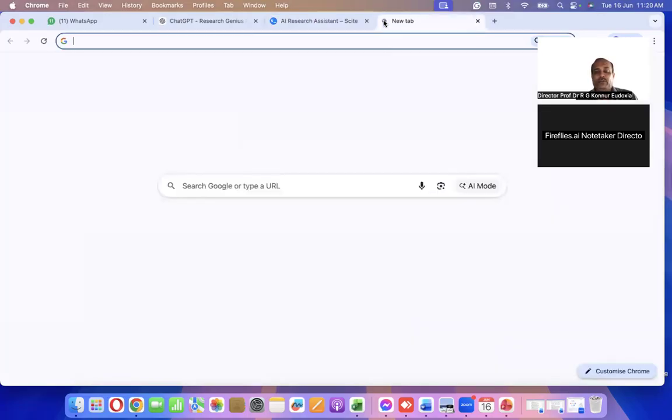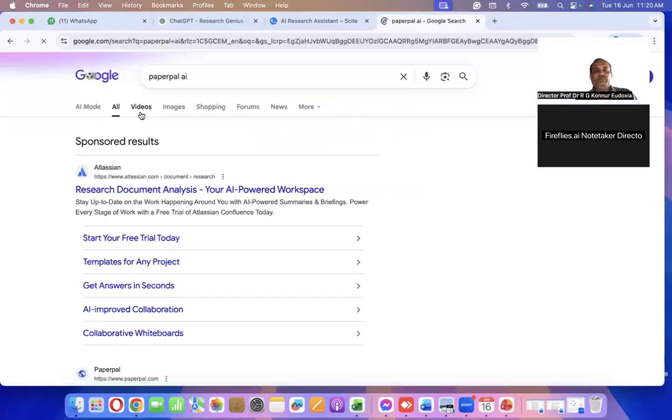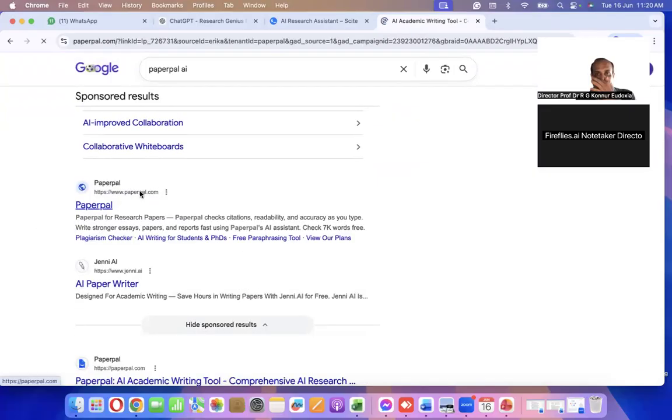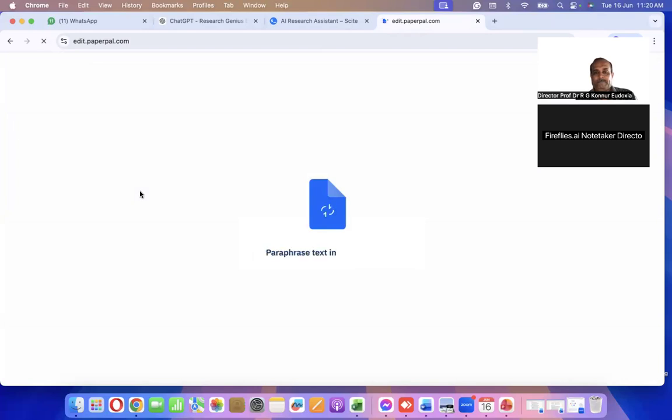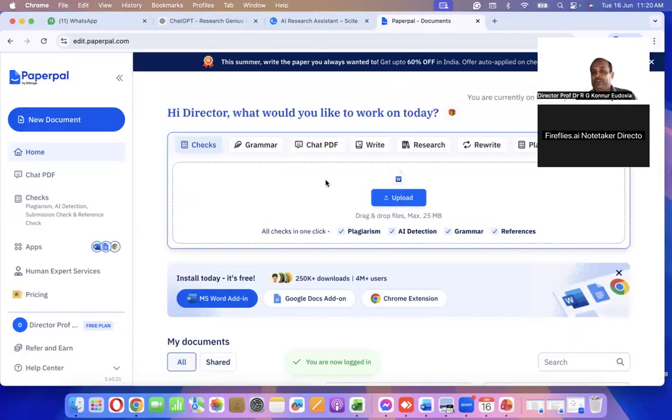Then you can go for Paper Pal. Here you can write it, and if you have anything, you can upload it. You can use this for review of literature, for finding out the gaps and all those things. There are so many other AI tools available.